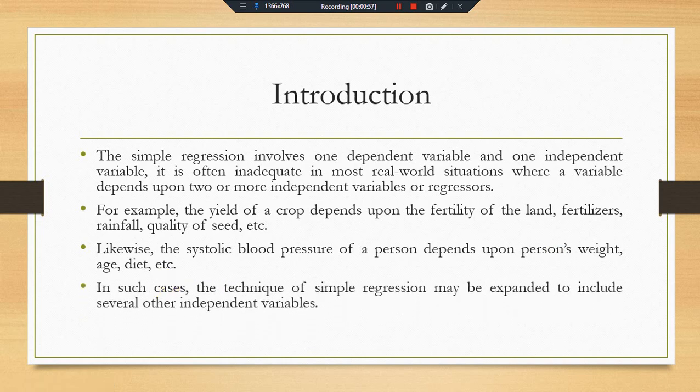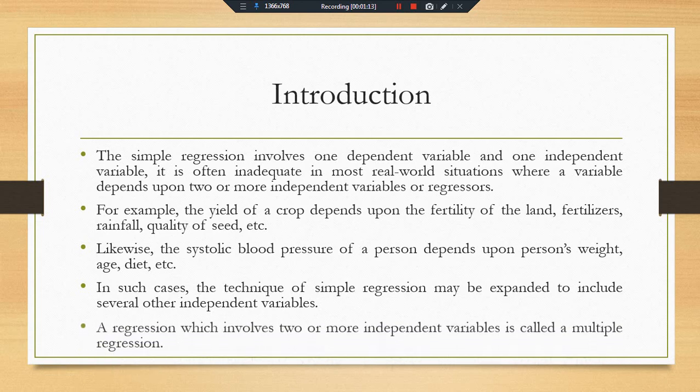In such situations, the technique of simple regression may be expanded to include several other independent variables, and when we include more than one independent variable in a regression model, this is known as a multiple regression model.